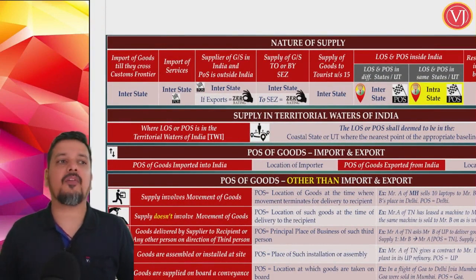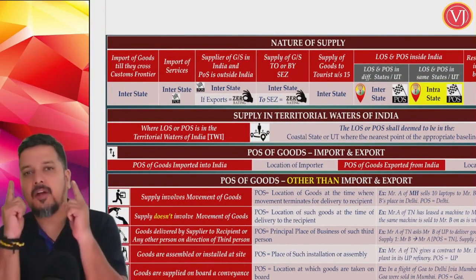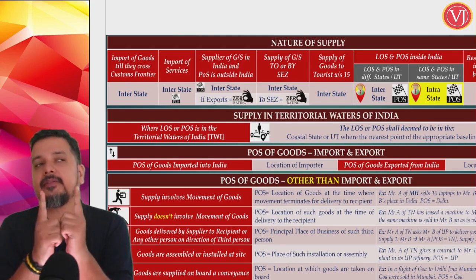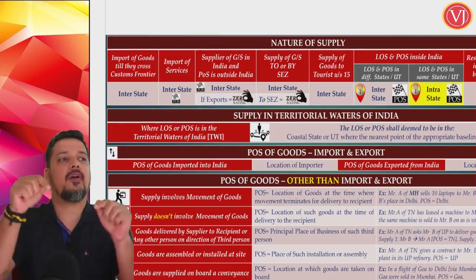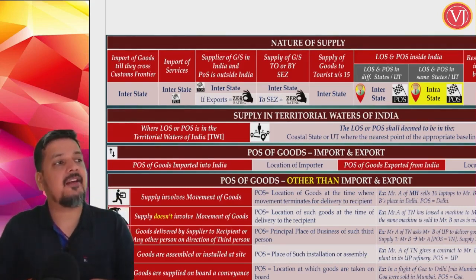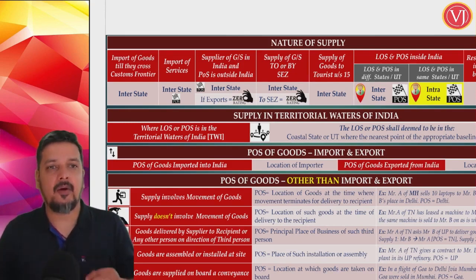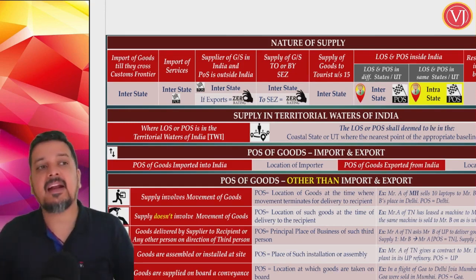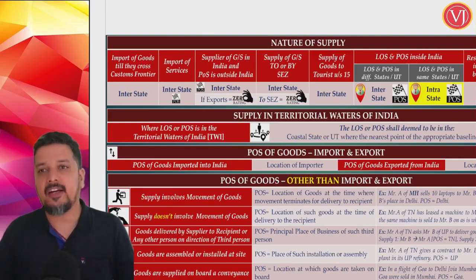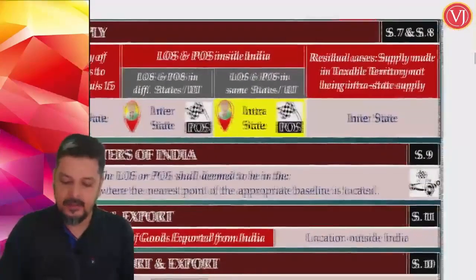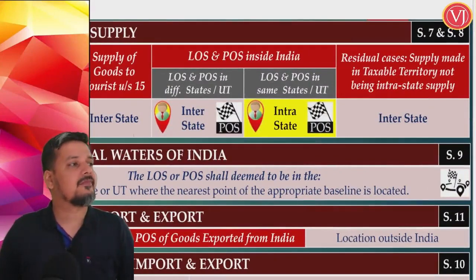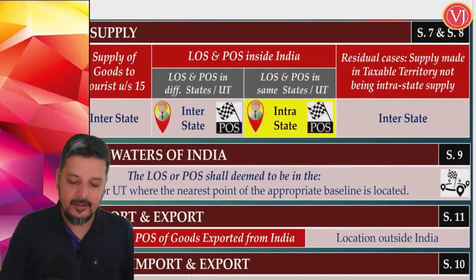Till now, your understanding was very clear that if LOS and POS are in the same state, it is intra-state supply, CGST, SGST. If LOS and POS, location of supplier and place of supply, are in different states, it is interstate supply, IGST. But that is only one part of the answer. This is only the general answer.